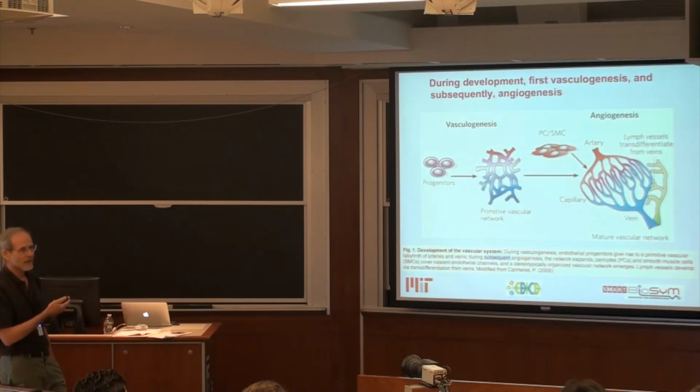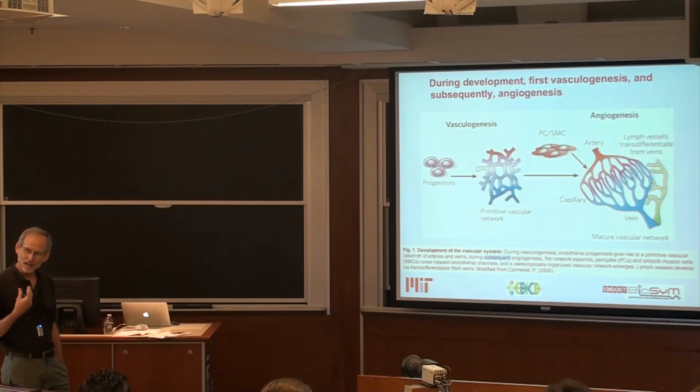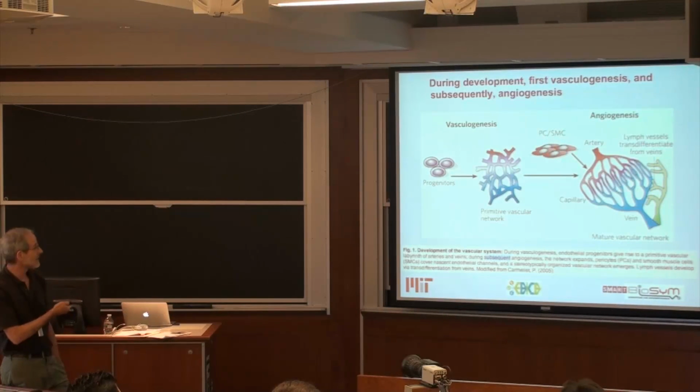As these develop, either during development but also during repair processes later on, for example when somebody has a heart attack and they need to develop a new vascular system to help perfuse the region of the heart that's been damaged, the same process can be reinitiated, where the endothelial cells will recruit other cells like pericytes and smooth muscle cells to develop new vascular networks.